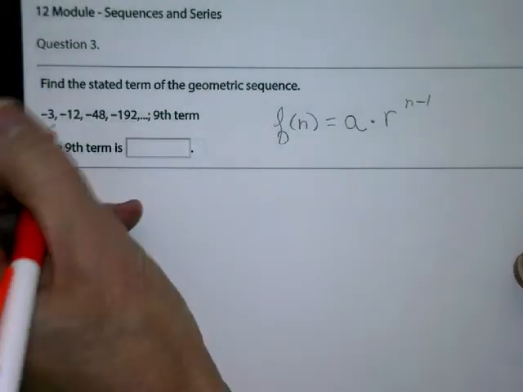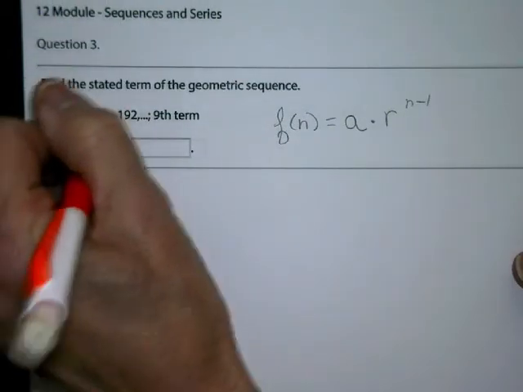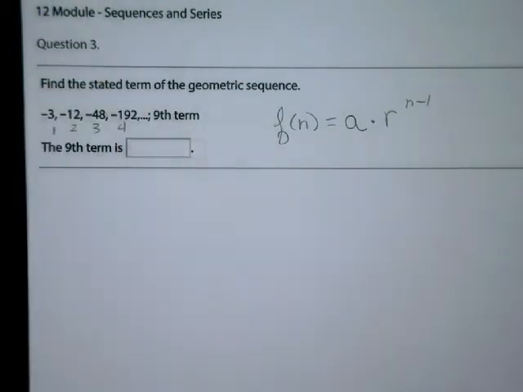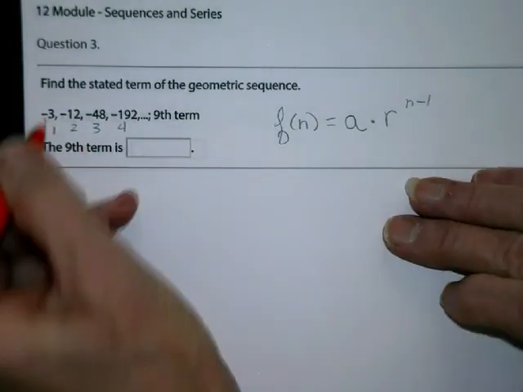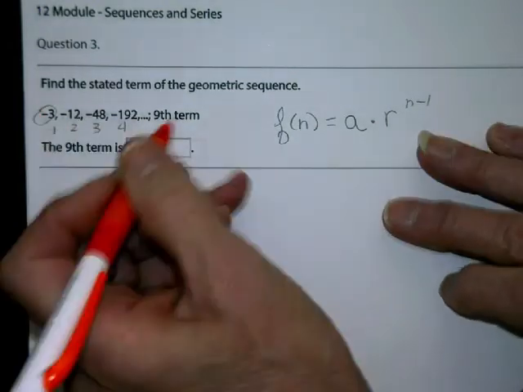We're assuming it starts with 1. They don't tell us, so we assume it's a first term, second term, third term, fourth term. They want us to get to the 9th term. So you can do it the long way and spend extra time, or you can use your formula.